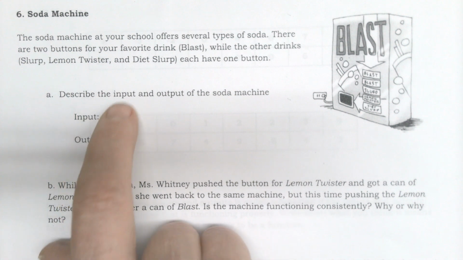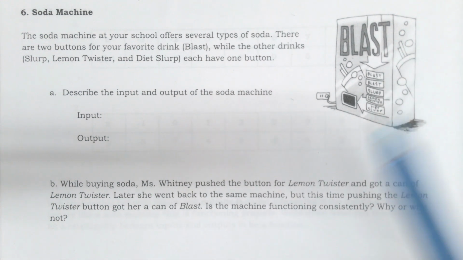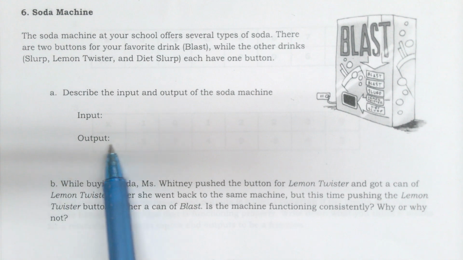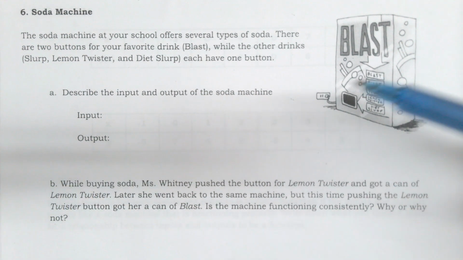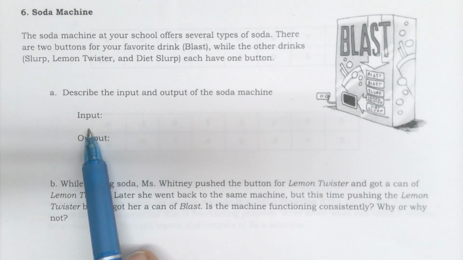When we think about looking at a soda machine as a function or comparing it to math, we have to think about what our input is and our output is. And so can you help me come up with what is going to be the input on the soda machine?